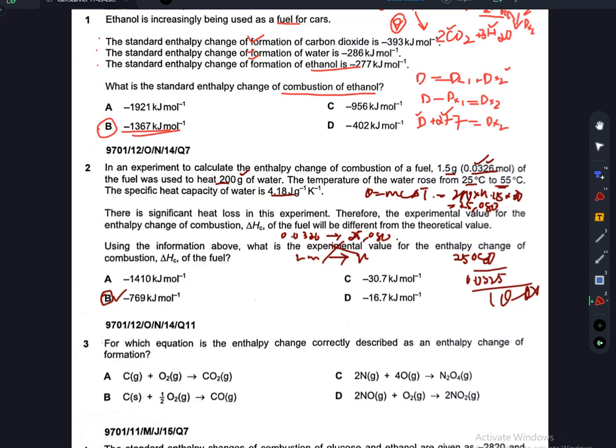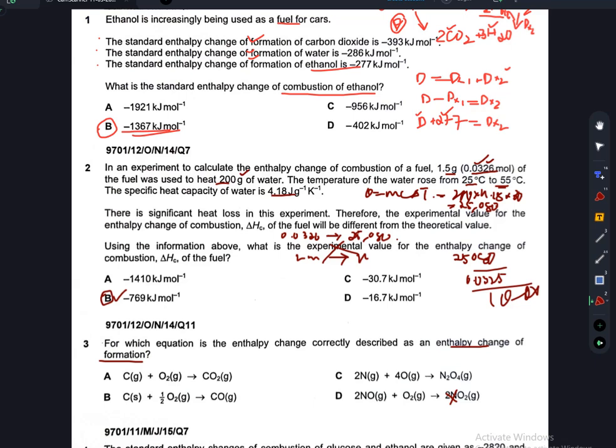Okay, now part 3. For which equation is the enthalpy change correctly described as enthalpy change of formation? What is enthalpy change of formation's exact definition? It is defined as the enthalpy change when 1 mole of a product is formed from its reactants in standard conditions at room temperature.